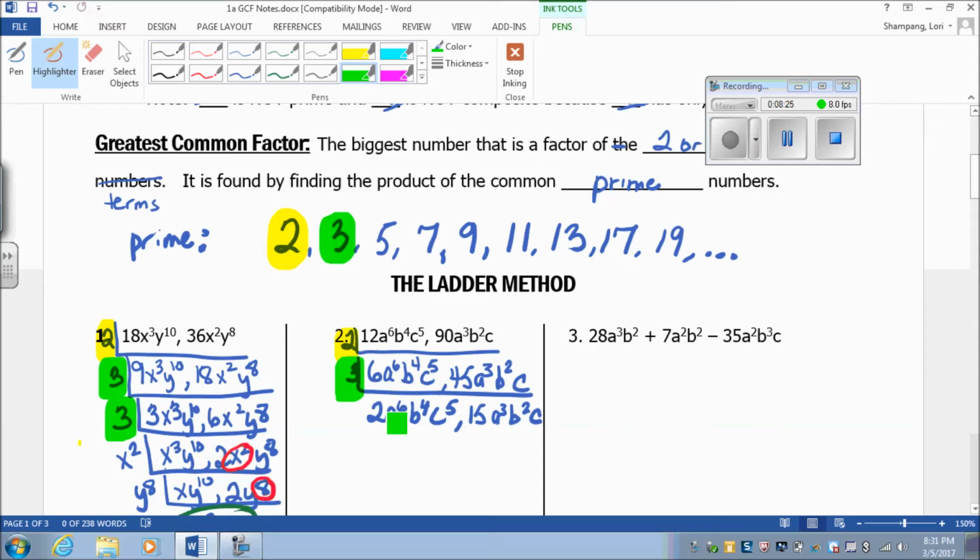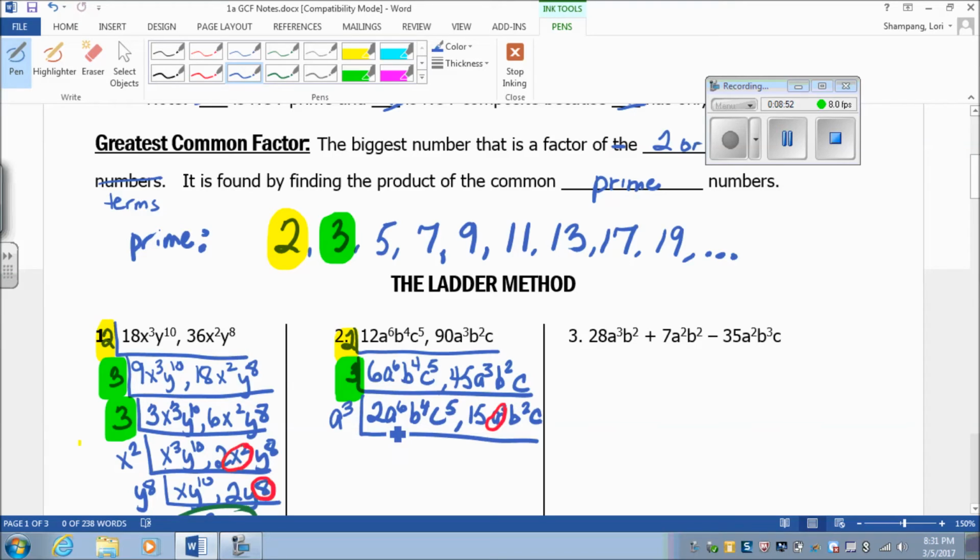So now we're going to go ahead and look at the variables. Both of these monomials have a's. This one has 2a to the 6th, and the second one has 15a to the 3rd. So what we're going to do is take the variable and exponent that are the smallest. That would be a to the 3rd. So let's factor out a to the 3rd.